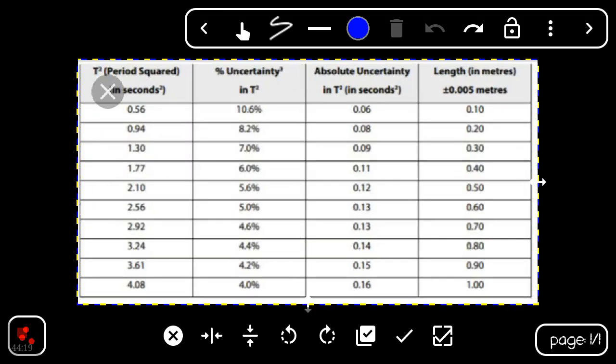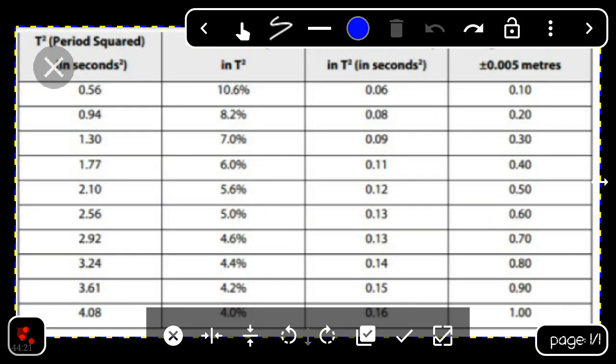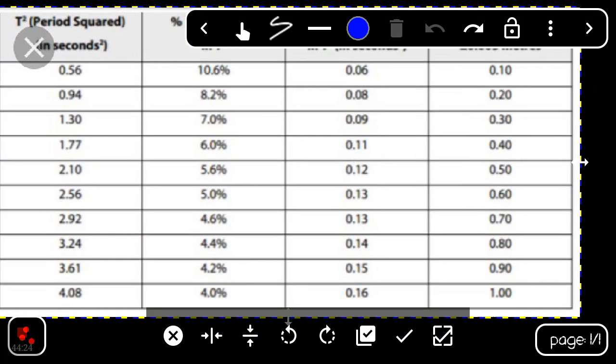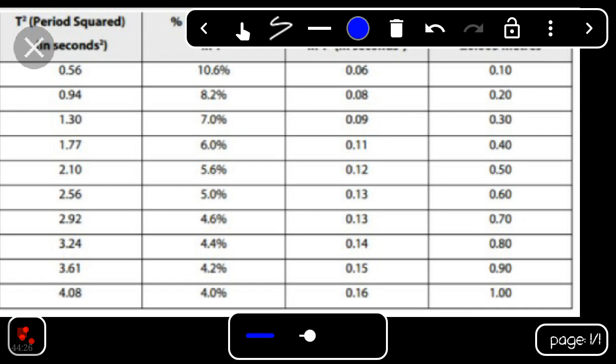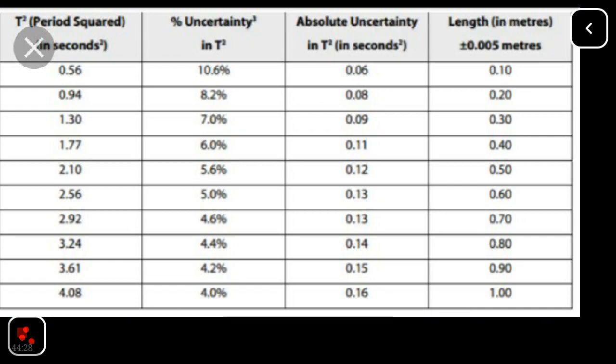I got this from the internet and it's actually legit. Let me explain what it means more before we plot it on the graph. So here, this is your period squared, T squared. So after getting your period, you square it. So these are the values here at the first place.